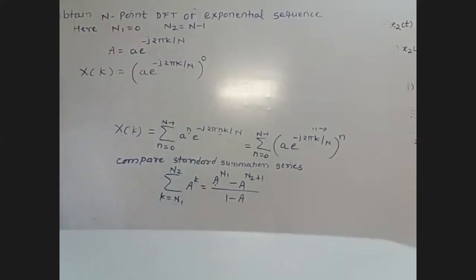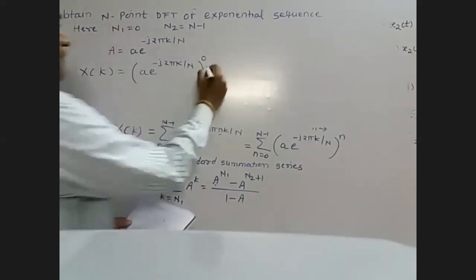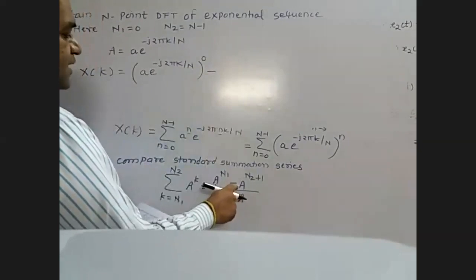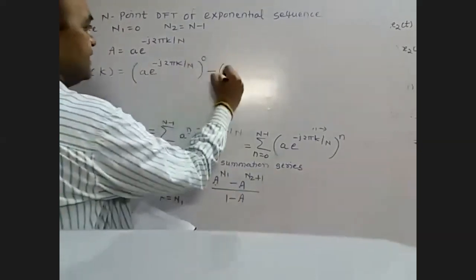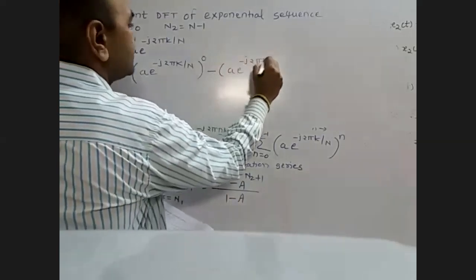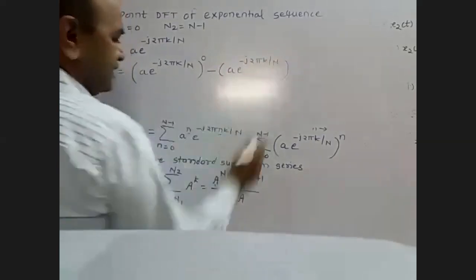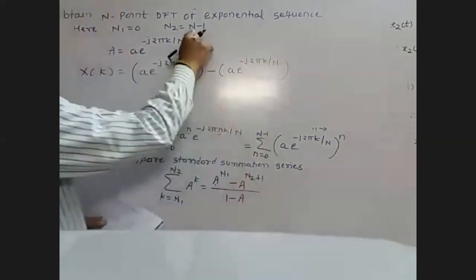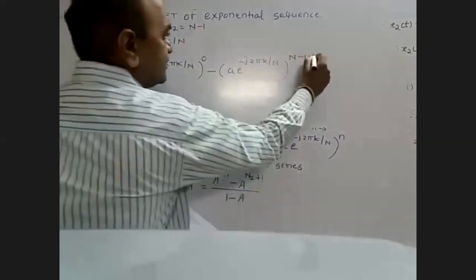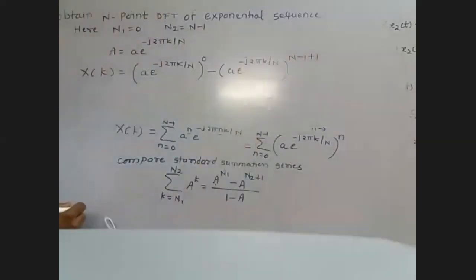Getting this? Now the minus sign is here, and a is again repeating, that is a e raised to minus j 2 pi k by n, raised to n2 plus 1, where n2 is n minus 1, so n minus 1 plus 1. So this term will be there.